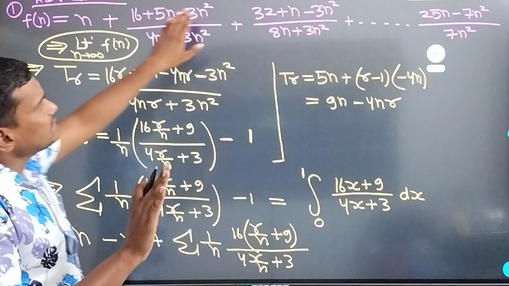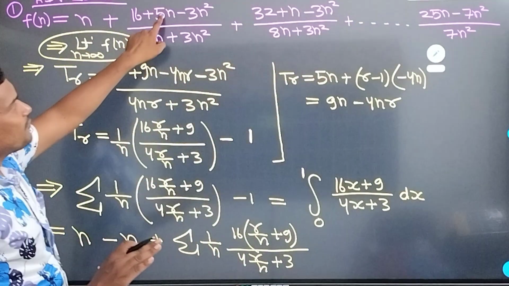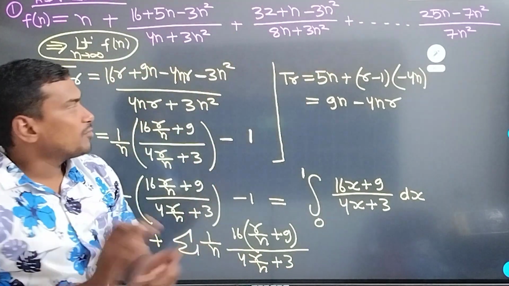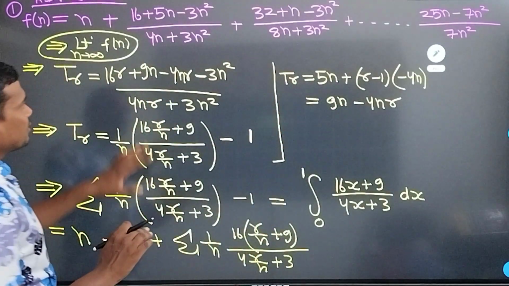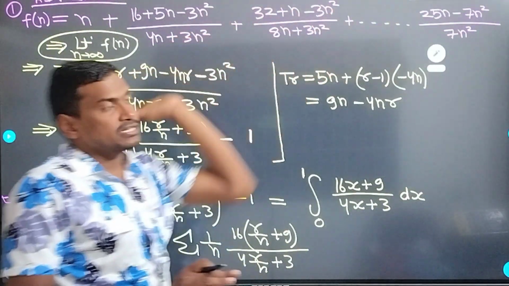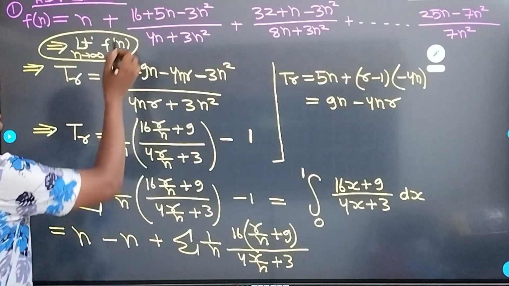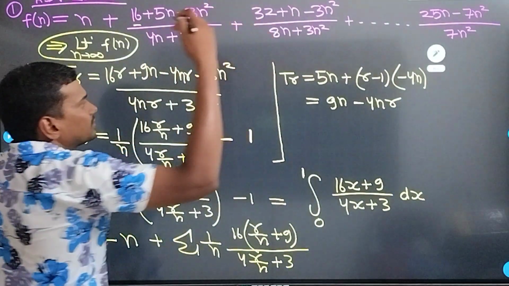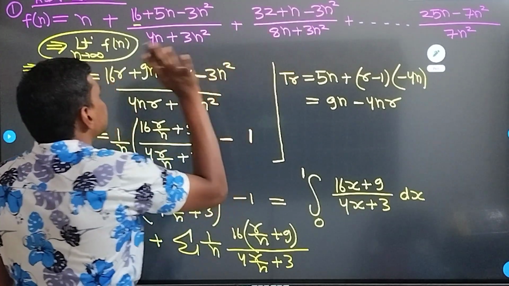You can see 16, 32, and in that sequence it is 16r and 5n like that, so that is in AP. The rth term of AP I have calculated, Tn equal to a plus n minus 1 into d. That also I have written here. And then minus 3n square, that is constant everywhere. So first of all, 16, 32, so 16r, as the Tn equal to a plus n minus 1 into d, and minus 3n square is the same.